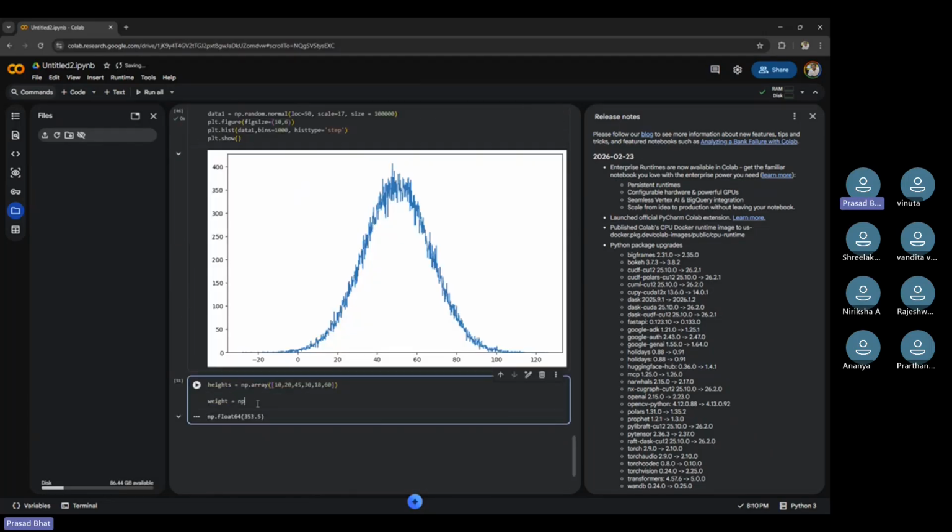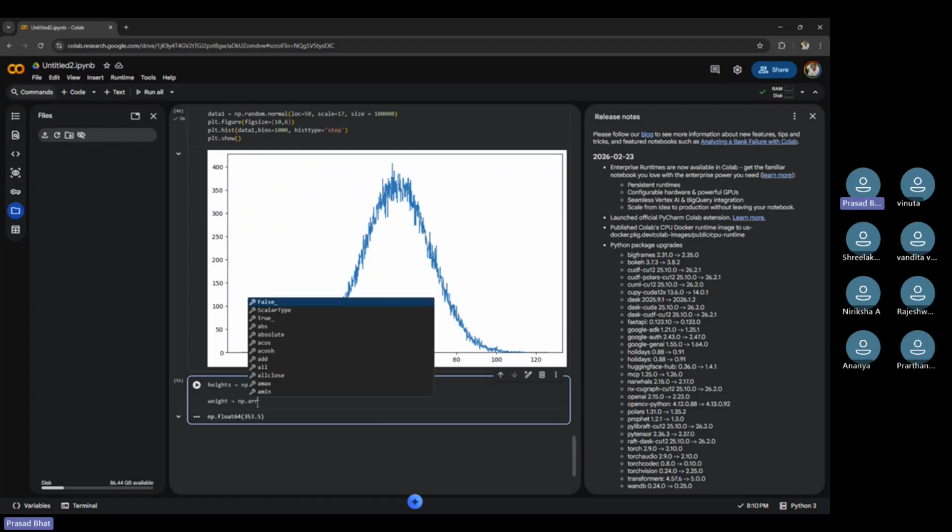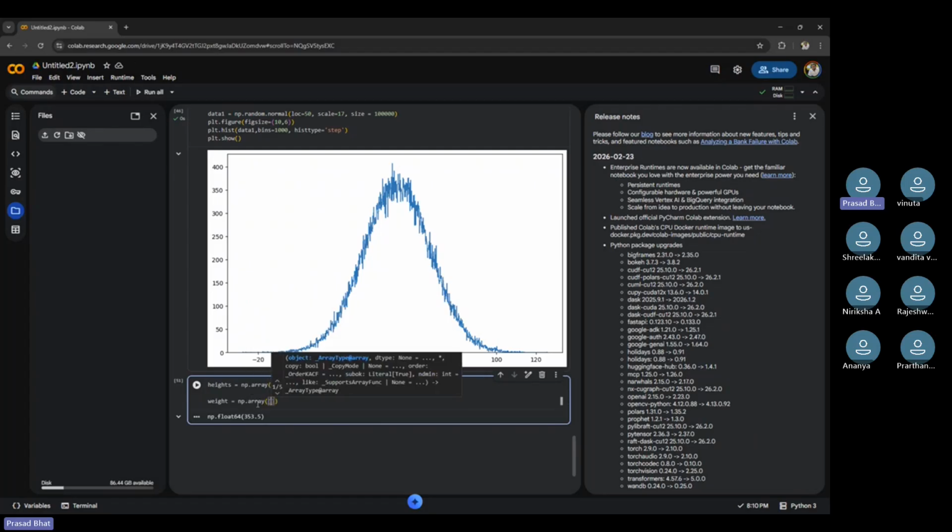For weight also, let me create an array. Let's simply write some random numbers: 10, 20, 45, 30, 18, 60. Let's just call it num1. Then num2: maybe 100, 400, 300, 250.